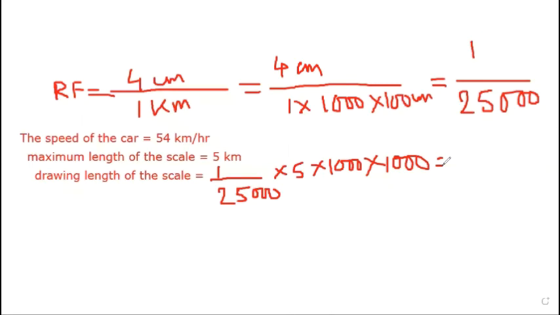So it comes at 200 millimeter. So the scale will be 1 by 25,000, 5 kilometer into 1000 is meter, again 1000 is millimeter, and it comes as 200 millimeter.